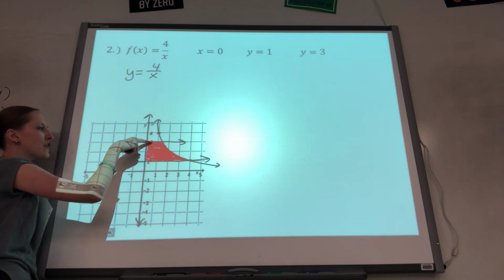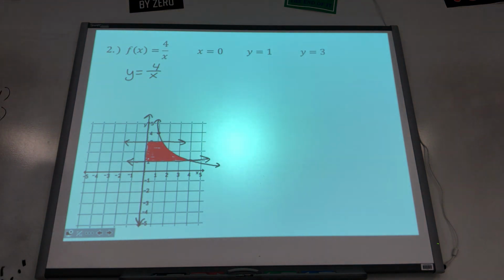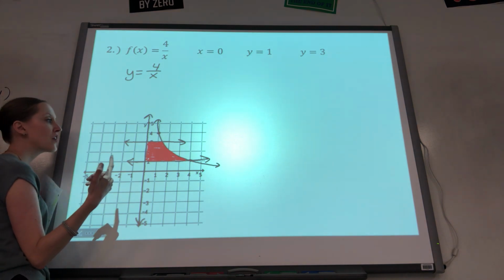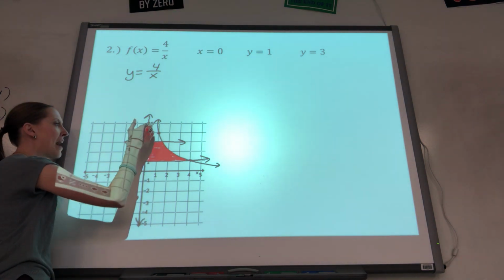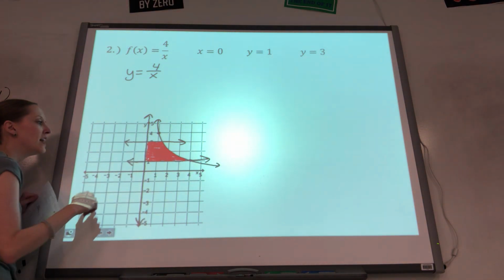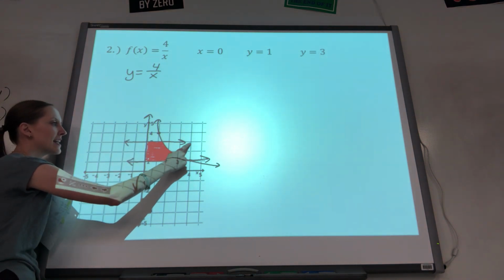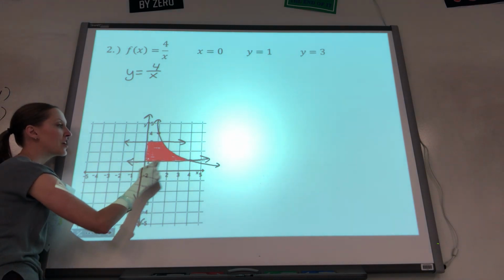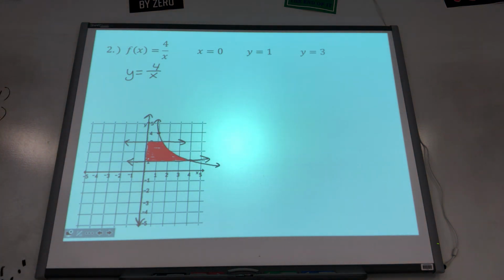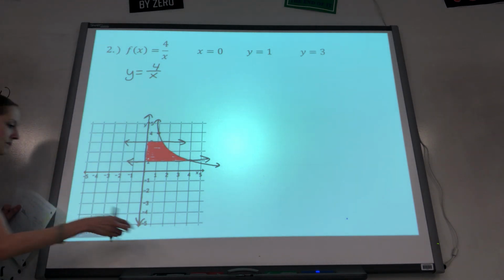But if you just take 3 minus 1, it would just be 2, and all you would be integrating is 2 with respect to x. That's not going to give you an accurate answer because it doesn't even take this function into consideration. If you integrate 2 from 1 to 4, it's going to give you the area of the entire rectangle here. It's not going to count the other function. So integrating with respect to x is not a very good idea with this problem.